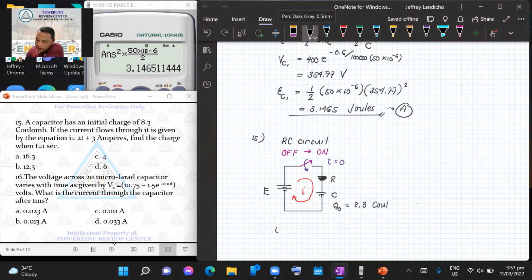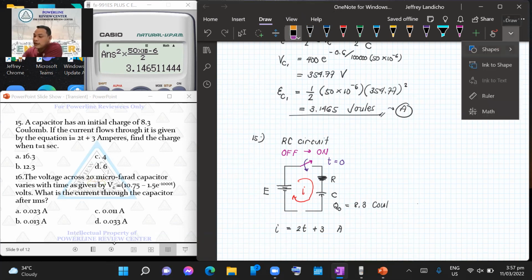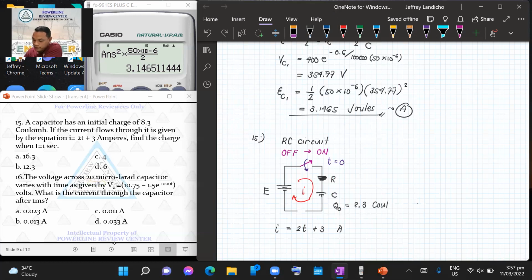Now, binanggit ng problem, after the analysis, we have already found out that the equation of the current in this given RC circuit, it is equal kanino? 2t plus 3 ampere. So parang lumalabas, in this given RC circuit, there is another unknown parameters na hindi na binanggit ng problem that affects the equation of the current.